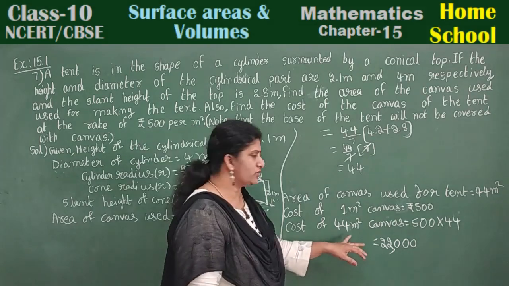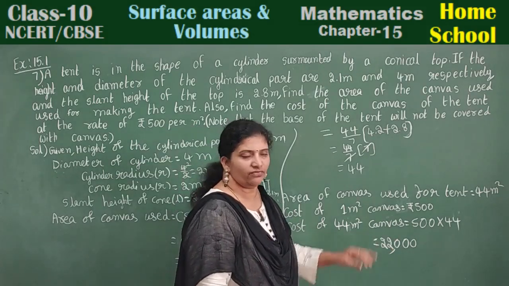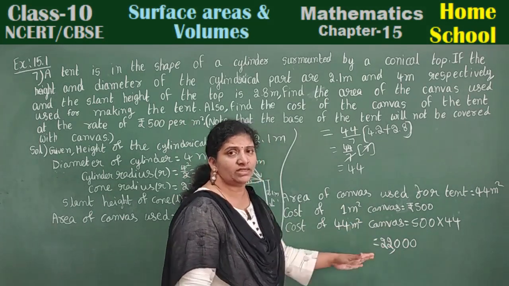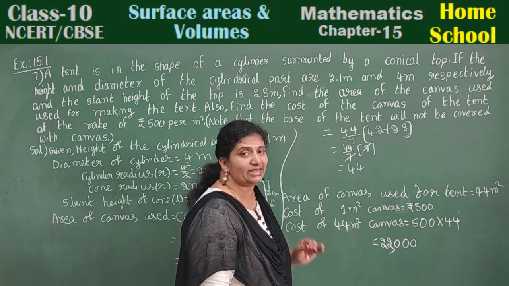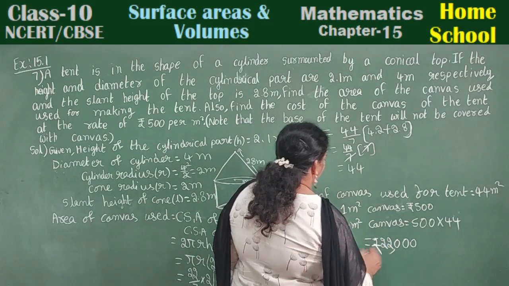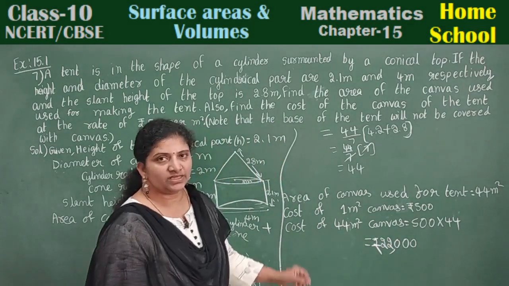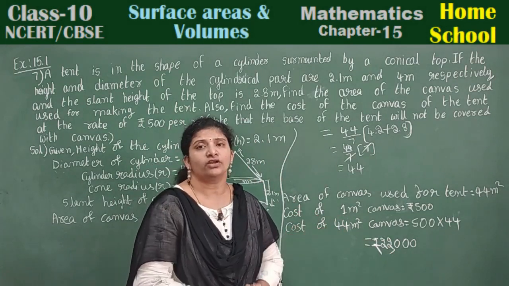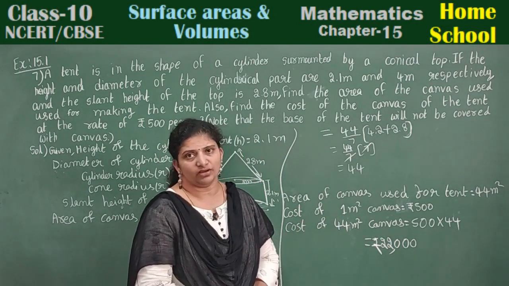Cost of 44 square meter canvas is equal to 500 into 44. That will be 22,000. What is this 22,000? It is amount. So we write this with rupees. Rupees 22,000 is the cost for 44 square meter canvas.